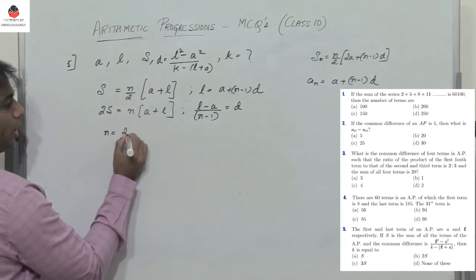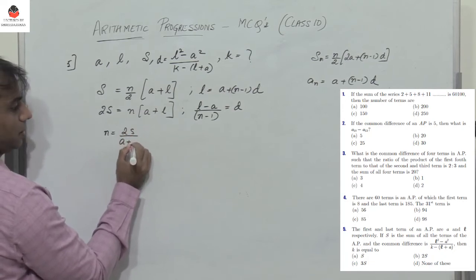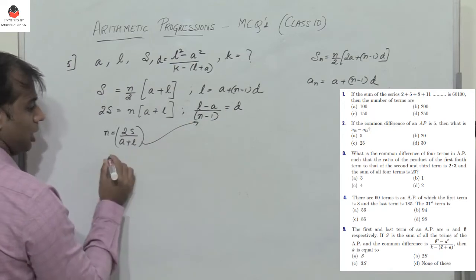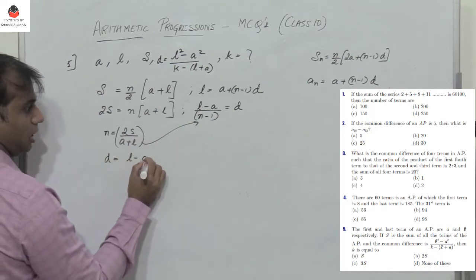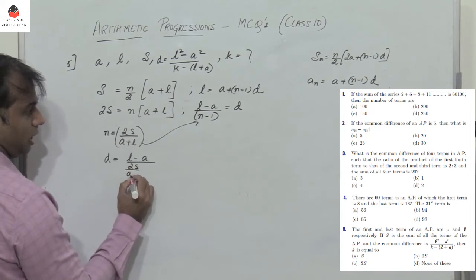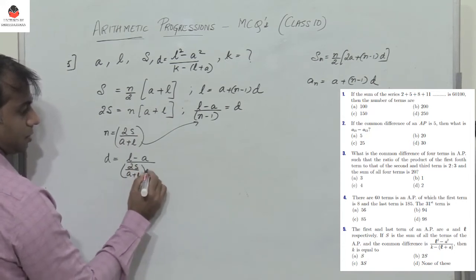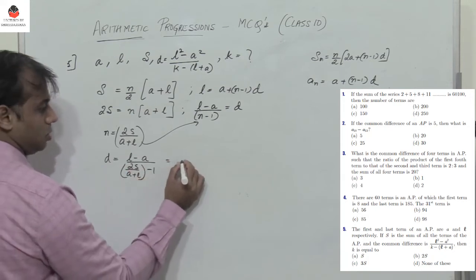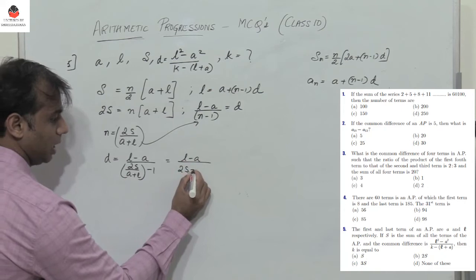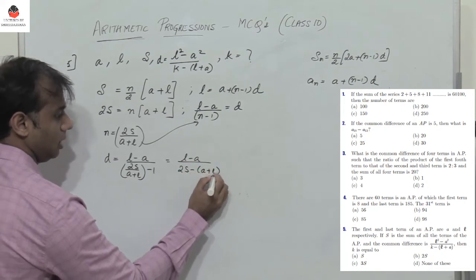N is 2S divided by A plus L. So let me substitute the value of n here. So you have D equals L minus A divided by, instead of n, I will write 2S divided by A plus L minus 1.